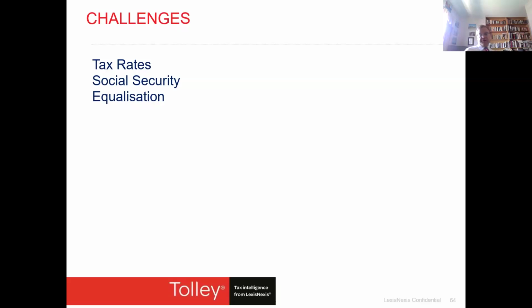One of the issues is how long do you keep an equalization program going? How long is your home country the relevant element? Once you've been in a country for, say, 5, 6, 7, 8, 9, 10 years, is equalization appropriate by reference to a country they haven't worked in or lived in for a good number of years?